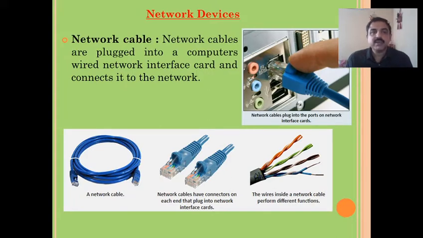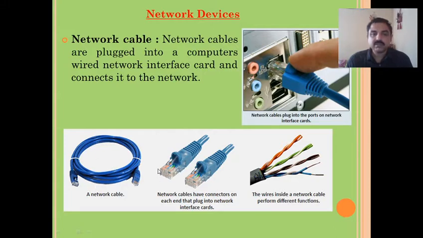Next is the network cable. Network cables are plugged into a computer's wired network interface card and connect it to the network. You can see in the picture how the network cables are plugged into a network interface card. Network cables look like this.